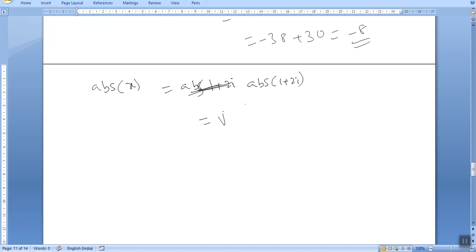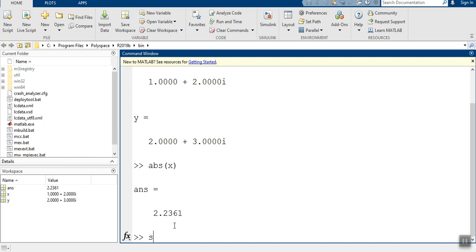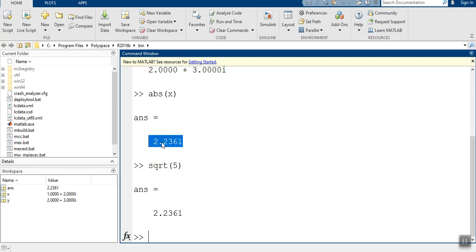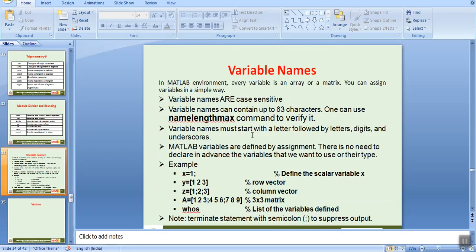Absolute value is square root of 1 plus 2 square, 1 plus 4, which is root 5. SQRT of 5 is the same as ABS of the complex number 1 plus 2i. This is the first one.